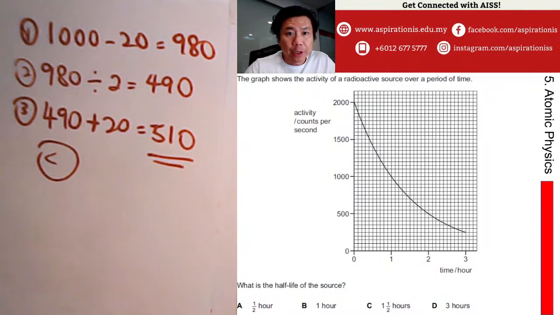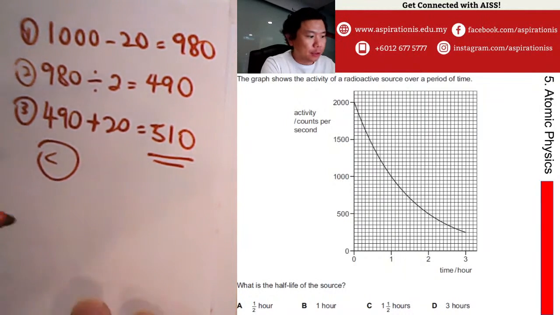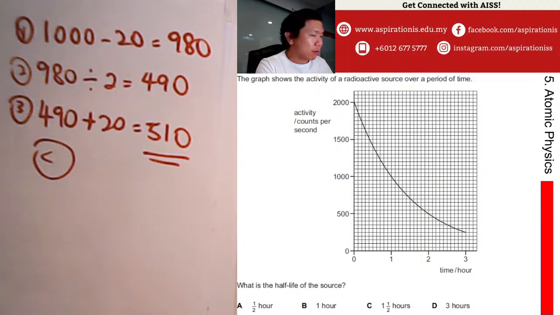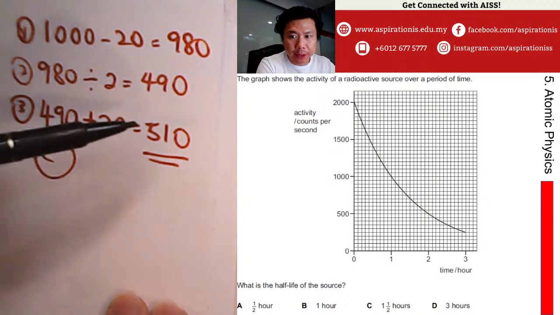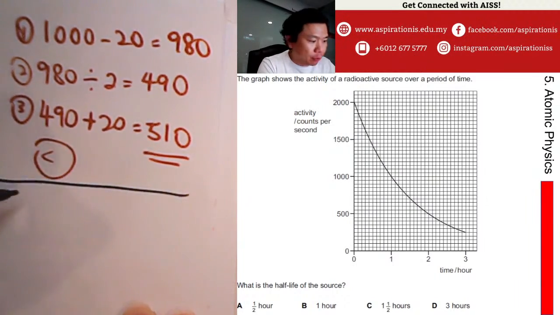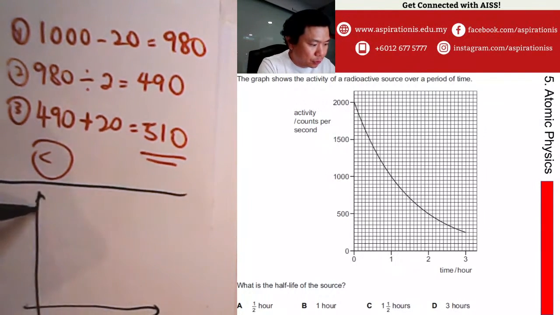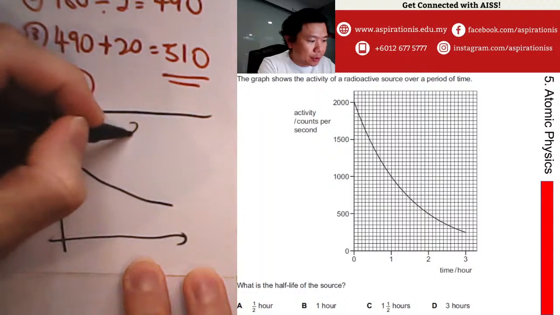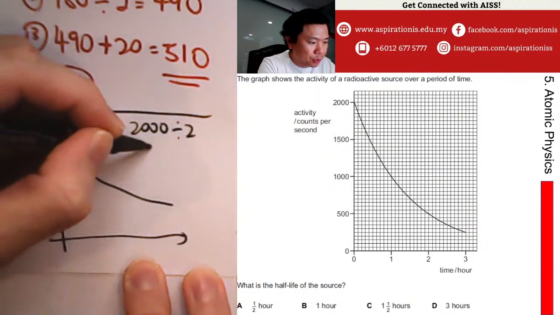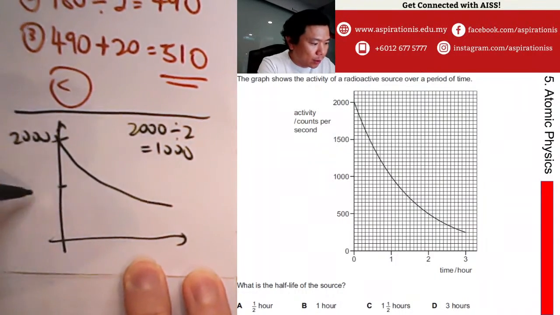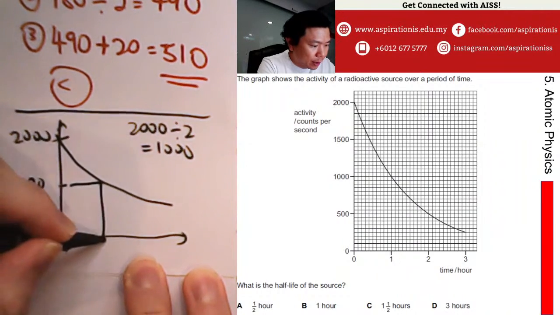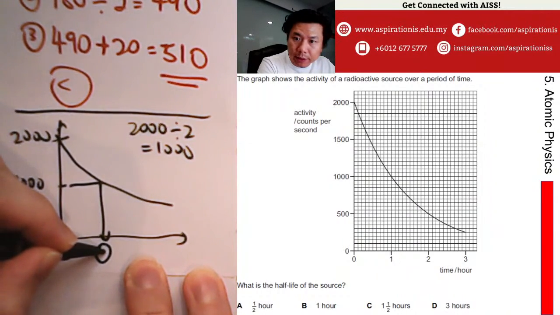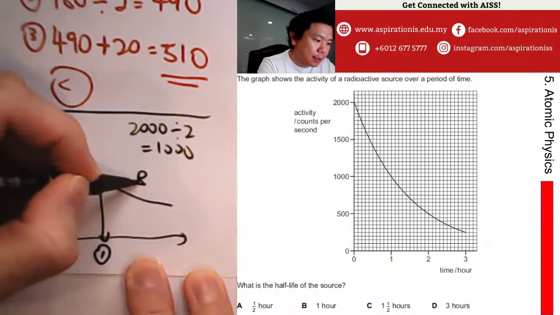Yeah, it's a very straightforward question. For this question, you see the graph is at 2000. So you just take 2000 divided by 2, so it's 1000. At 1000, you go and hit, and your answer is 1. So the answer is B.